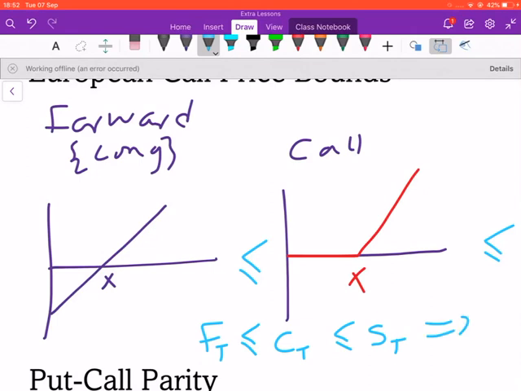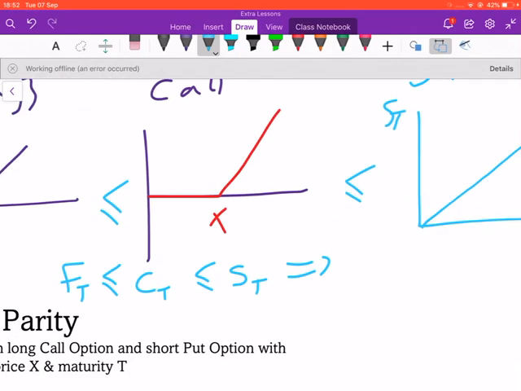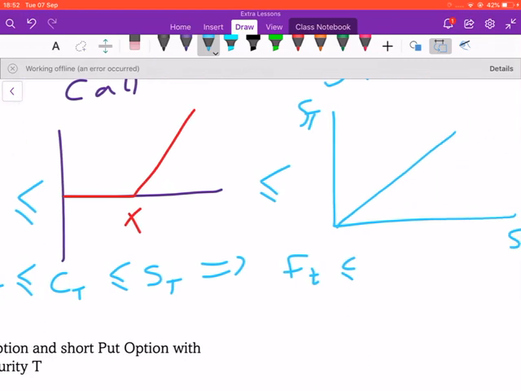If this is the case, then the price of the forward at inception should also be less than or equal to the price of a call option at inception, which is less than or equal to the price of a share at inception, right?